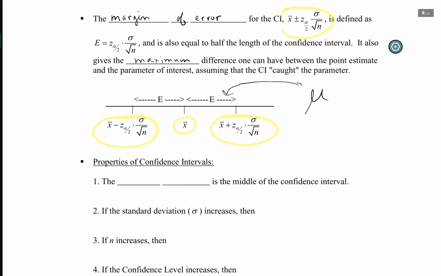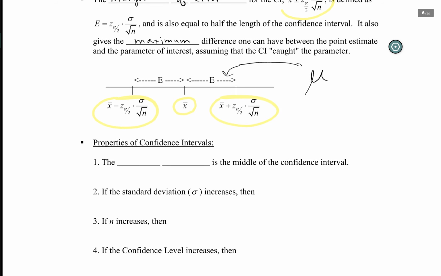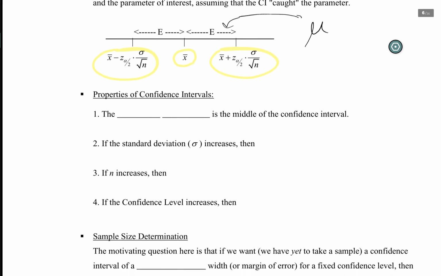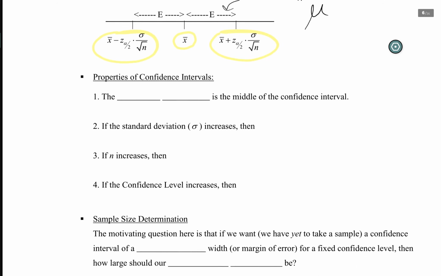All right, so moving along, in light of the margin of error, we can think of some properties of confidence intervals. The first one is that the point estimate is in the middle of the interval, and that's what we have right here.